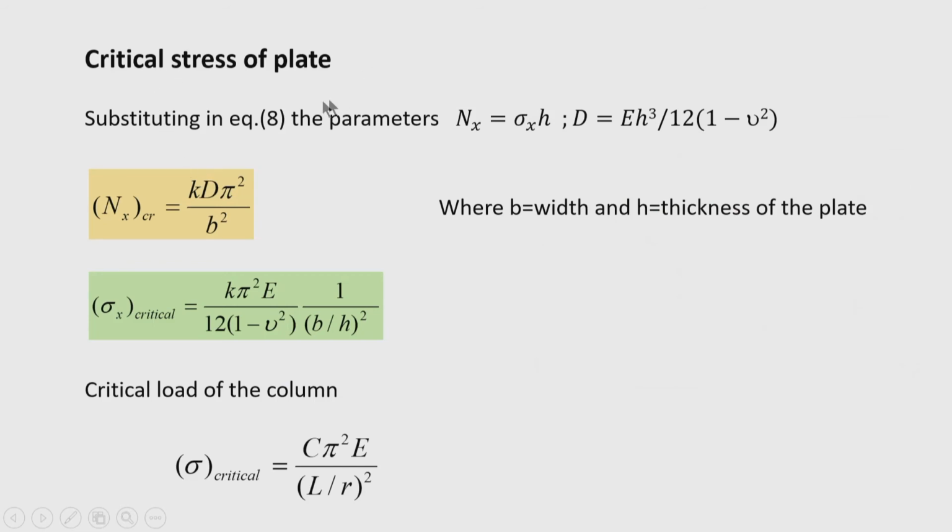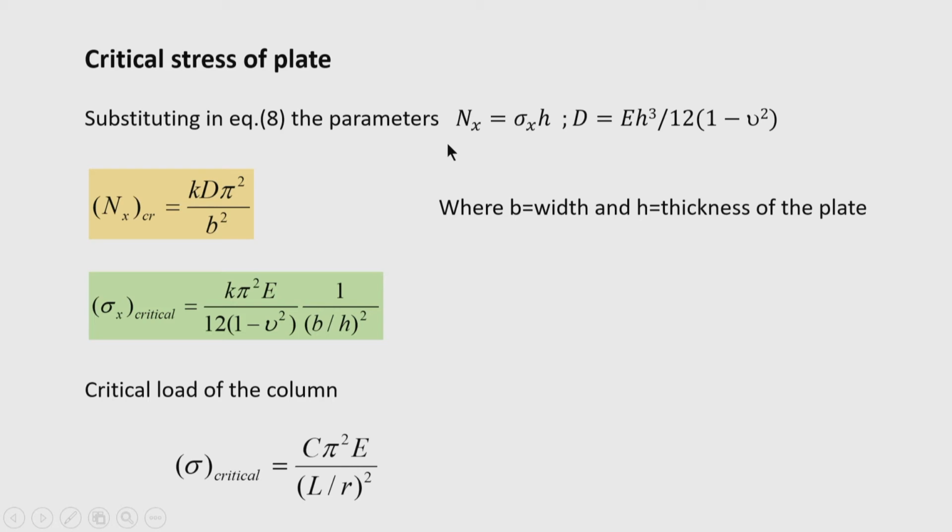So, we have found the buckling load N x. Now, let us see what the critical stress is. N x is the force per unit length. So, we divide this N x by h, because all the quantities in the plate, whether it is a force, bending moment, etc., are expressed per unit length. So, N x is also force per unit length.